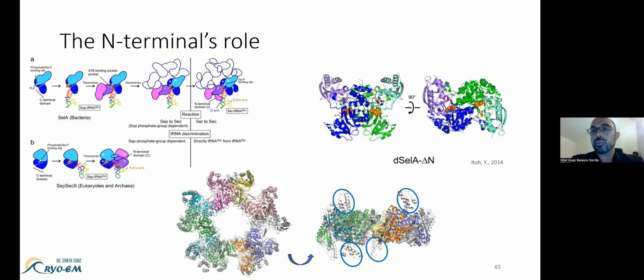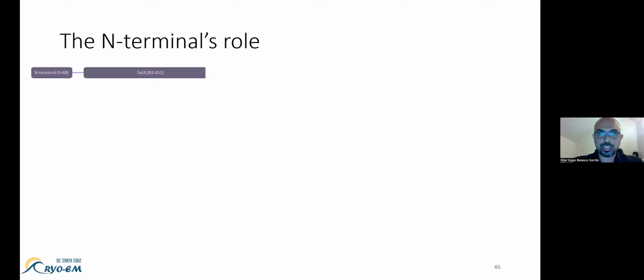The crystal structure, probably the crystal lattice, fixed the N-terminal in a particular condition that it was able to be seen, and then phase and solve that particular portion of the molecule. But in EM, things are floppy, and sometimes they don't align well once you're doing the data processing, right? And another thing that is important to mention is that the N-terminal is actually composed of 3 alpha helices.